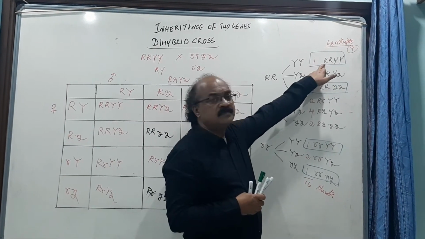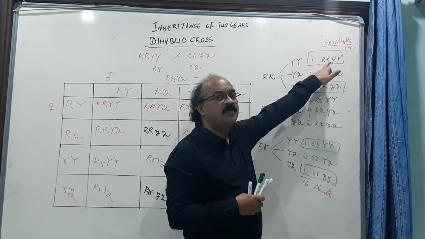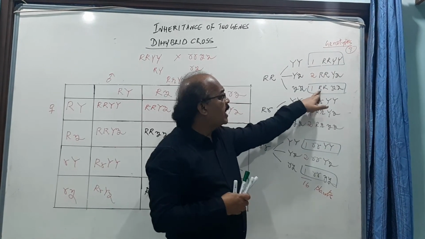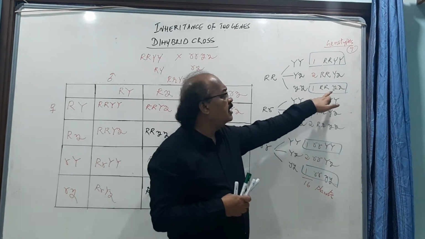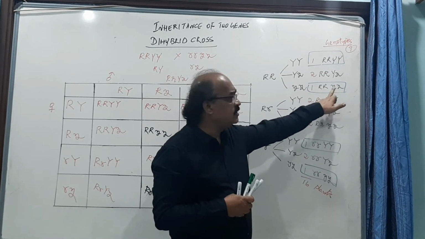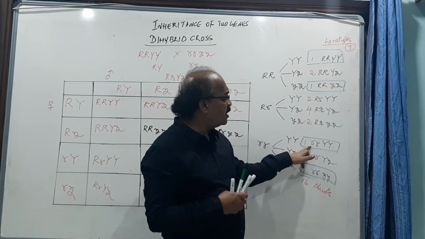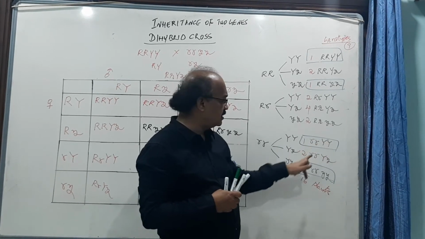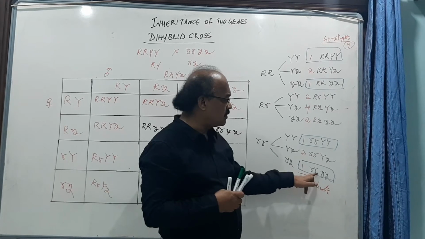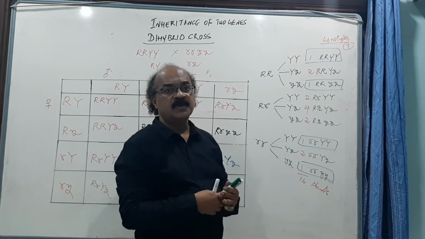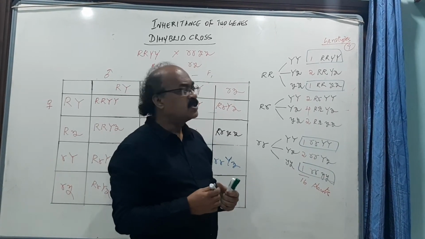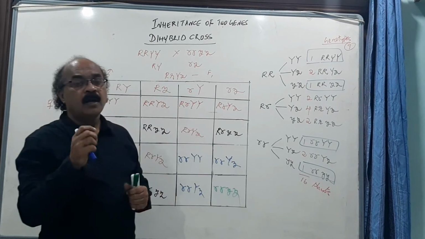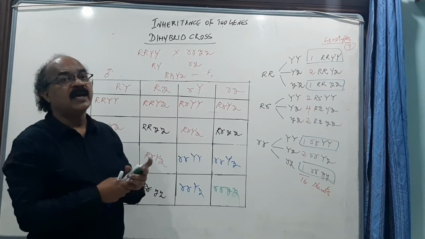Capital R homozygous, capital Y homozygous. Capital R homozygous, small y homozygous. Small r homozygous, capital Y homozygous. Small r, small y, both are homozygous. So these are said to be double homozygous.